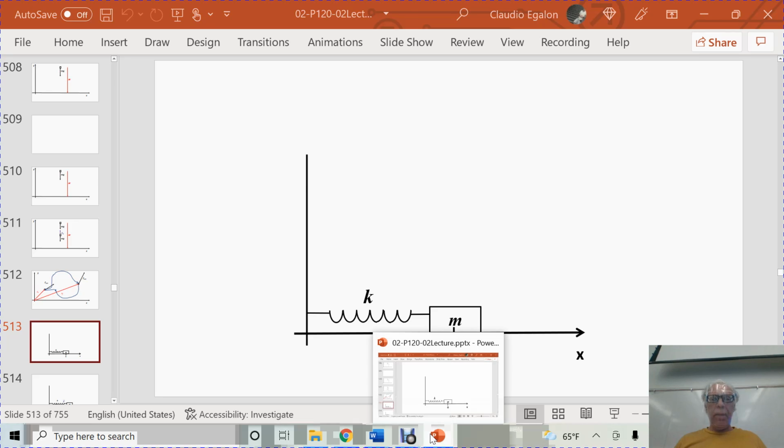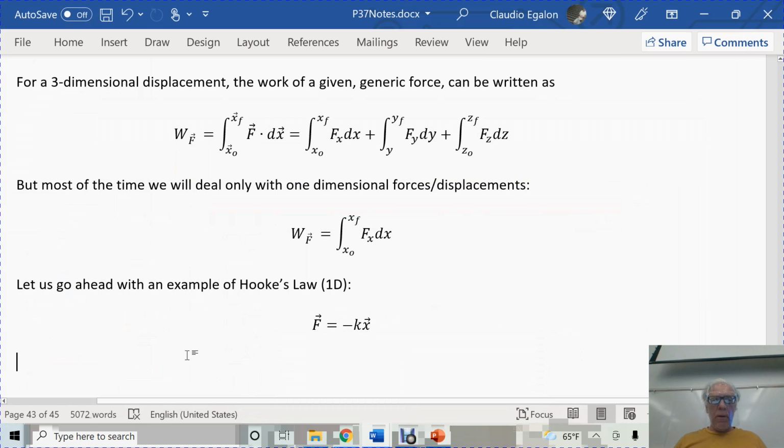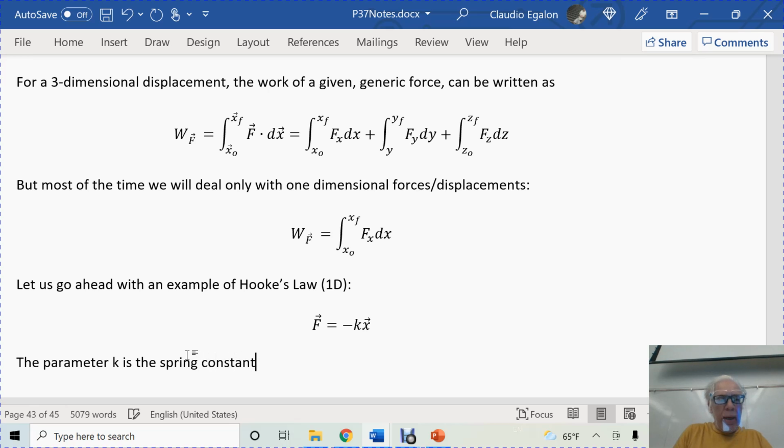Let's write that down. Here you go. K, the parameter K, is the spring constant, with a unit of Newton per meter.